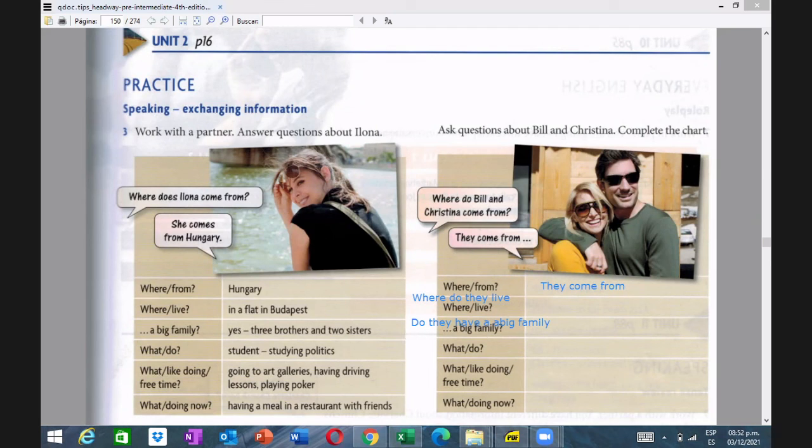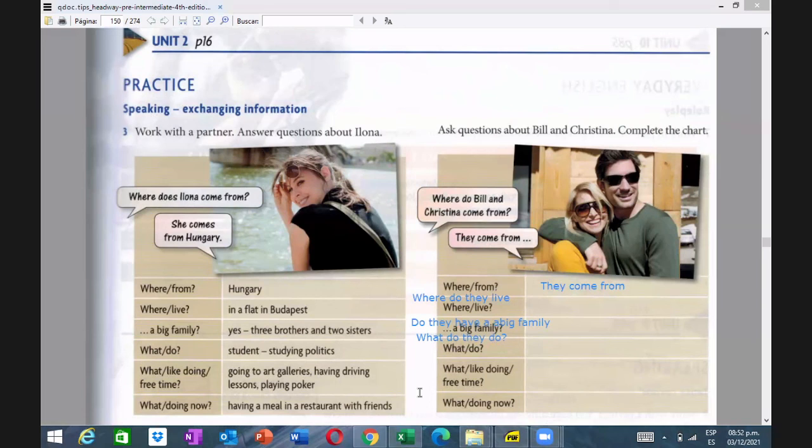Please, Group B. What do they do? Bill is IT consultant and Christina writes travel guides. Yeah, okay. Thank you, Nati. Please, the next question, Group A.